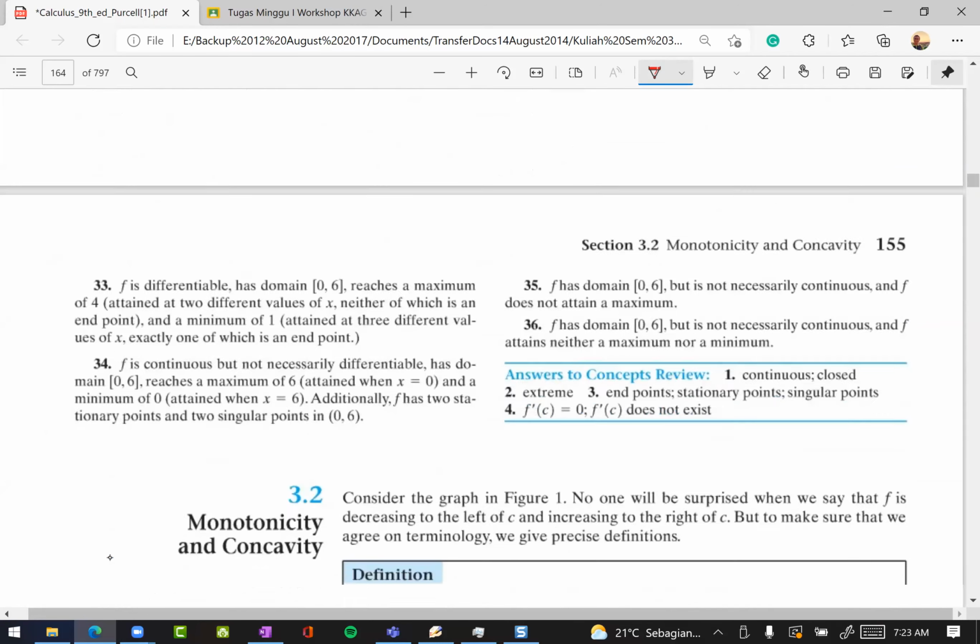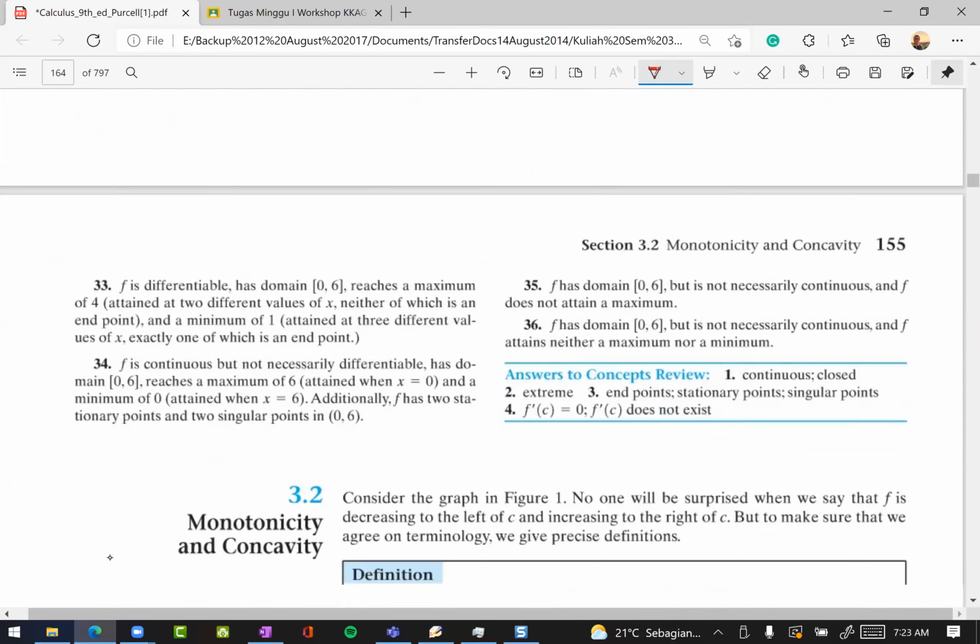And if the derivative is negative, then f is decreasing around that point. So by determining the sign, we know how f behaves around that point, whether it's increasing or decreasing. We'll postpone the proof for this one. It works both ways.